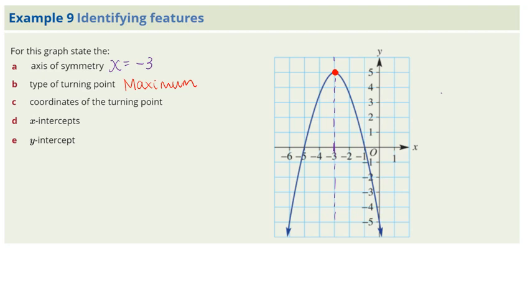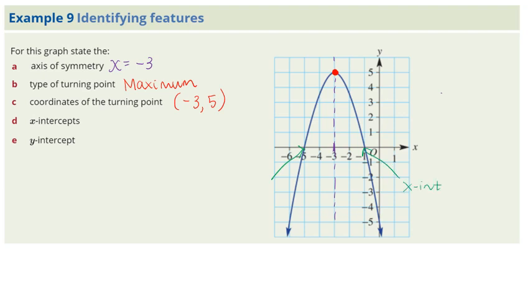Next, we're asked for the coordinates of the turning point. So I look at my turning point and then read the coordinates. Remember, coordinates are written x and then y. So the coordinates are negative 3, 5. Our x-intercepts, they're these two parts here.